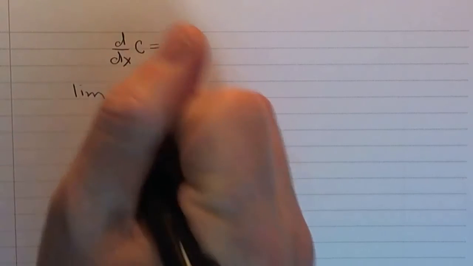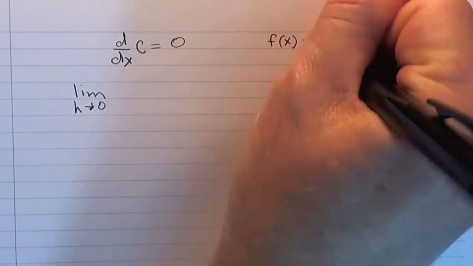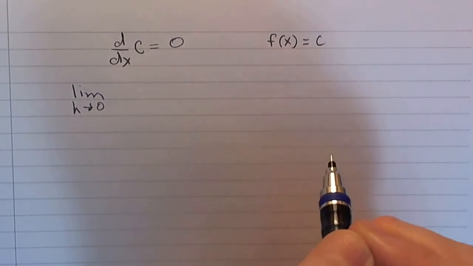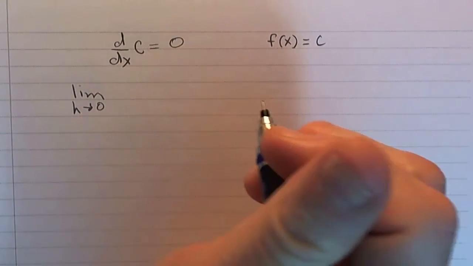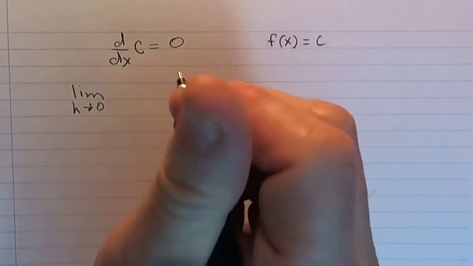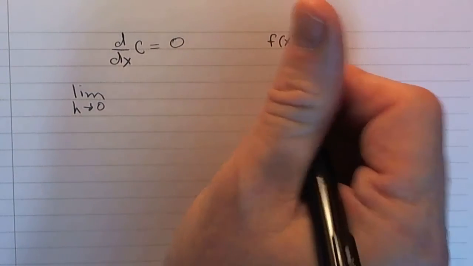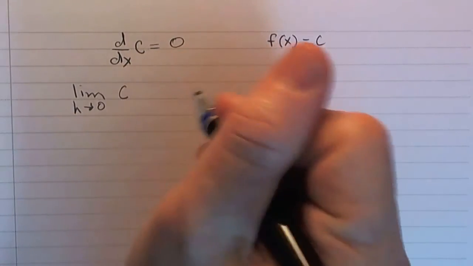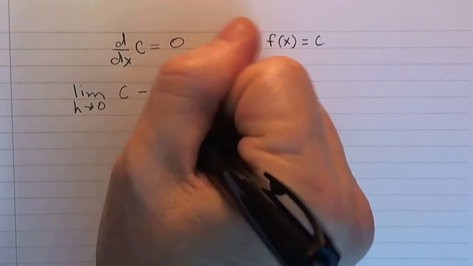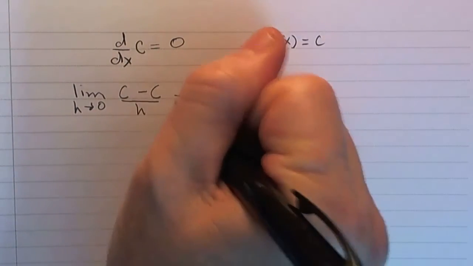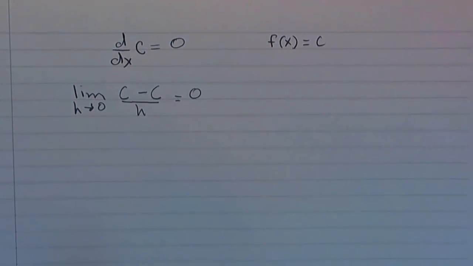We could say, well, let's try this with the difference quotient. And what I would have is let's just suppose that f of x equals a constant, and I wanted the derivative of that f of x. Well, it's f of x plus h. Well, f of x is just c minus f of x, c, all over h. So you can see, yeah, it would just be 0. So that's pretty trivial.